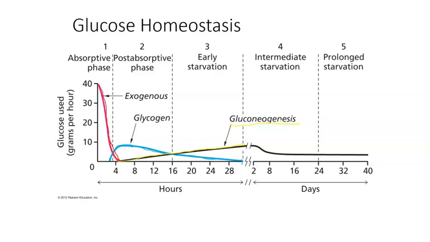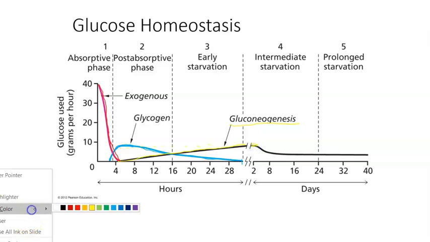You can see that allows us to regulate our glucose levels. If we look at total amounts of glucose here, this stays regulated because not only are we using glycogen stores, but we're also building up new glucose from gluconeogenesis. We can maintain that for about 2 days here.